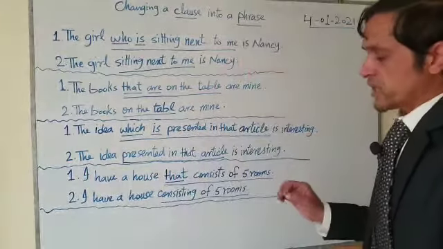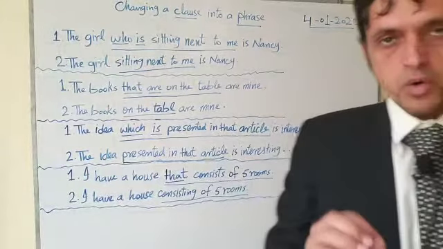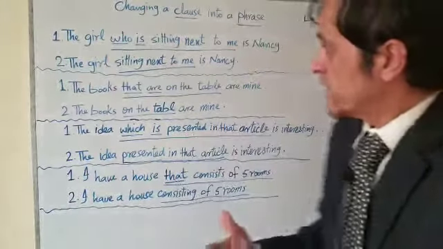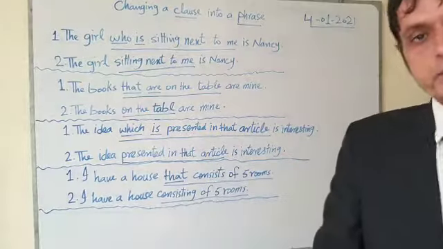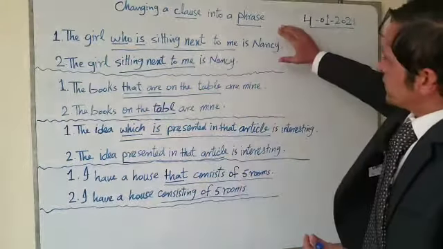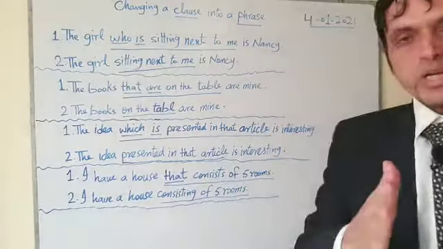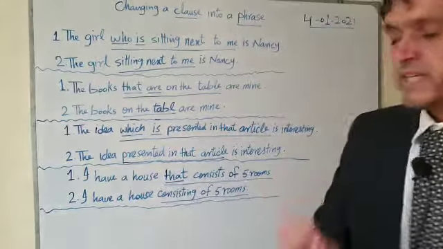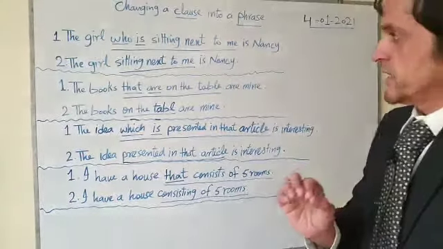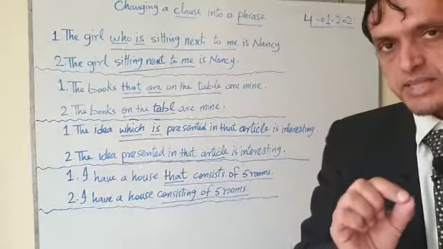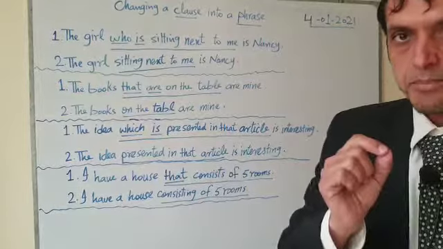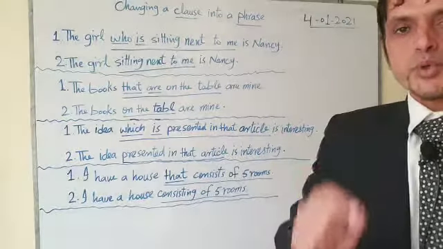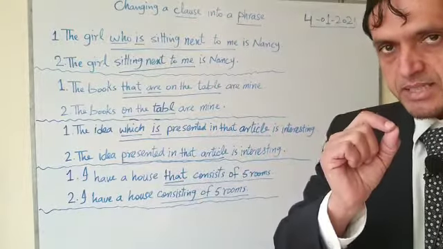Those are dependent clauses, and they are usually adjective clauses. First of all, you will try to find out which one is the adjective clause here. An adjective clause is a dependent clause, and a dependent clause is not a complete sentence, and you are supposed to change that dependent clause.